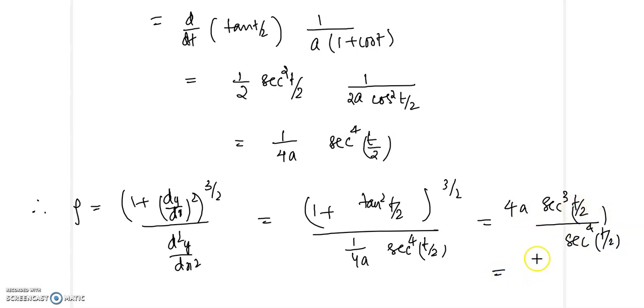So that will be equal to 1 by sec t by 2 varum. So that is 4a cos t by 2. So that is the required value of radius of curvature.